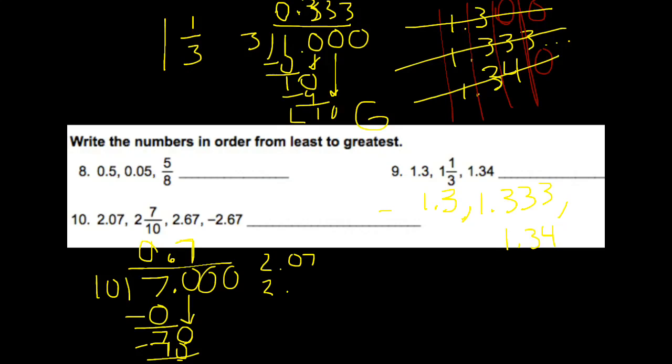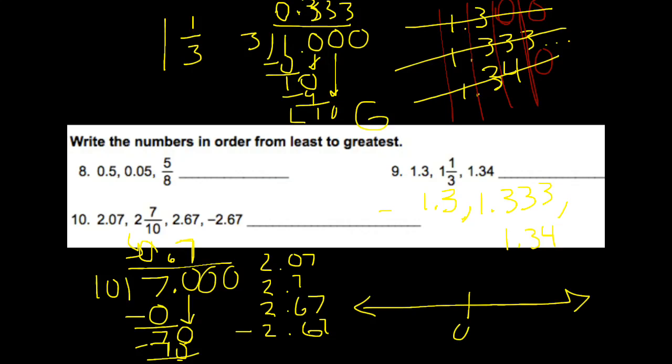So my numbers are 2.07, or 2 7/100, 2 7/10. The reason why I put the 2 back on the front is because the 2 was the whole number in the mixed number. And then 2 67/100, and then negative 2 67/100. So I'm going to try to do this with the number line.